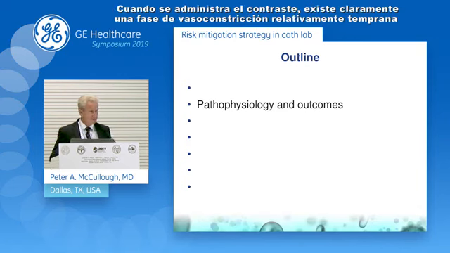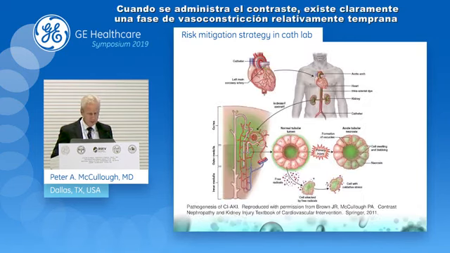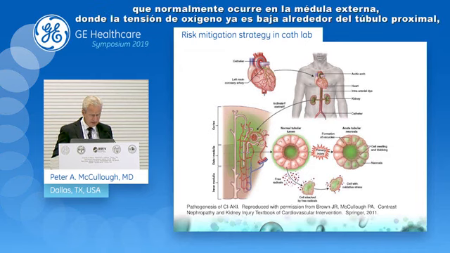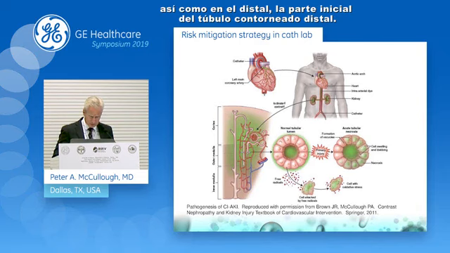Now, in terms of pathophysiology, the important point I'd want you to understand is that when contrast is administered, there is clearly a relatively early vasoconstrictive phase that typically happens in the outer medulla, where the oxygen tension is already low around the proximal tubule as well as the early part of the distal convoluted tubule.